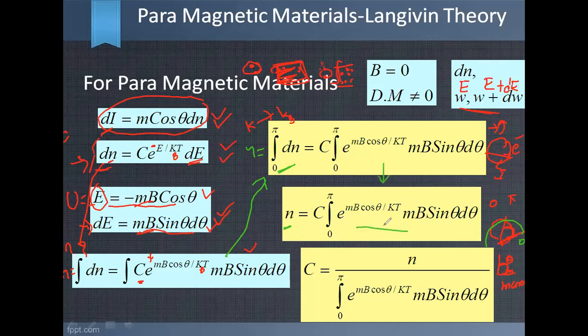Nothing changes. Then what I'm trying to get here is the c value, so I have to calculate the c value. How do I get it? Tell me.